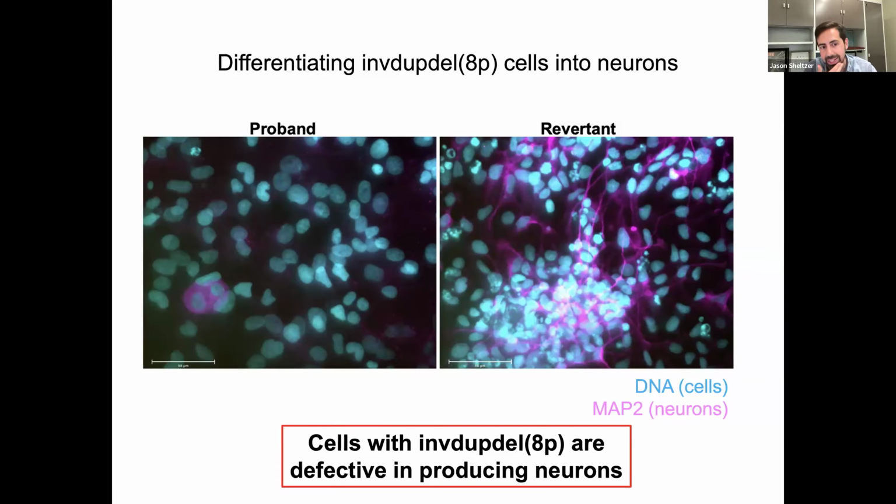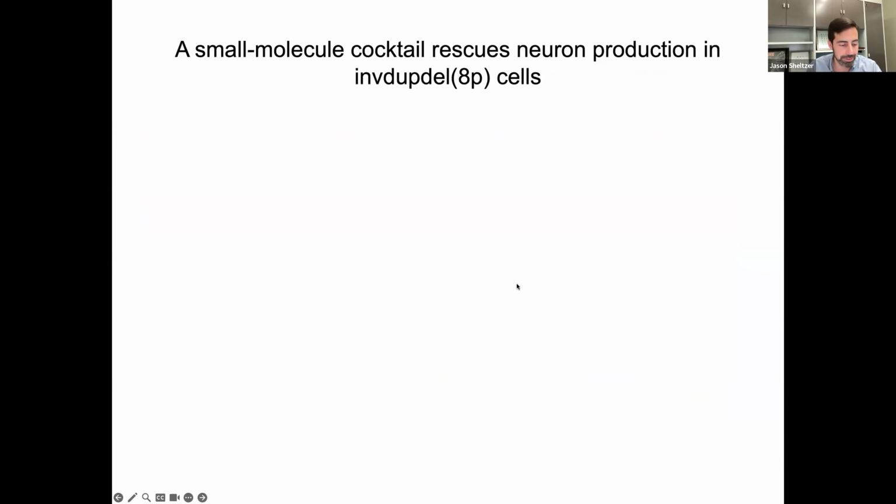And it also provides us a system for potentially doing things like drug screens or genetic screens to see if we can enhance the production of neurons in these cells. And Stefan's group had a great idea here toward that goal.